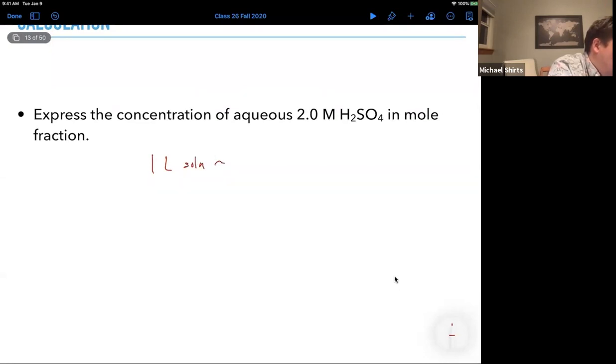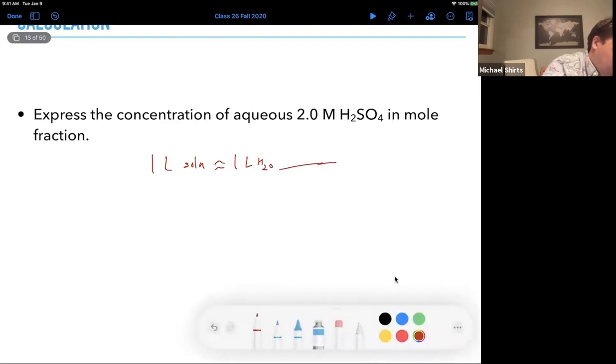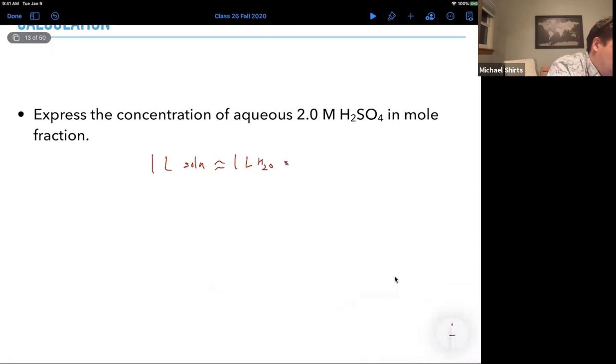solution, we assume that it's 1 liter of H2O, and we make a good general assumption that we have 1,000 grams of H2O, and we have 18.02 grams of H2O per 1 mole of H2O.